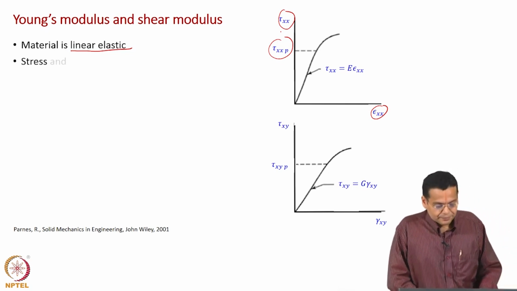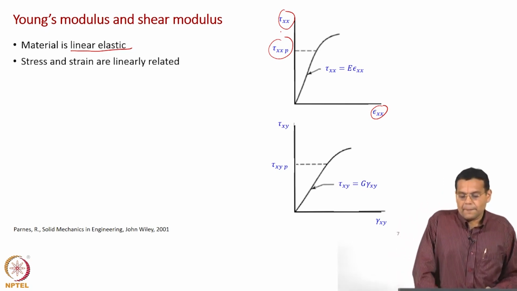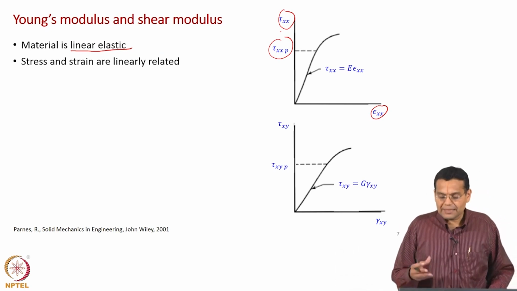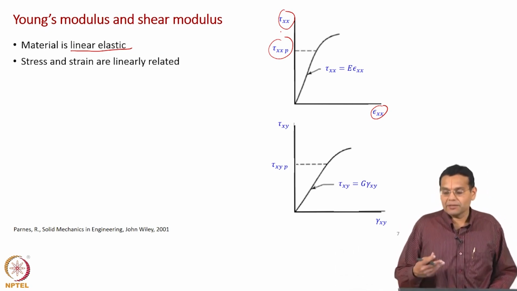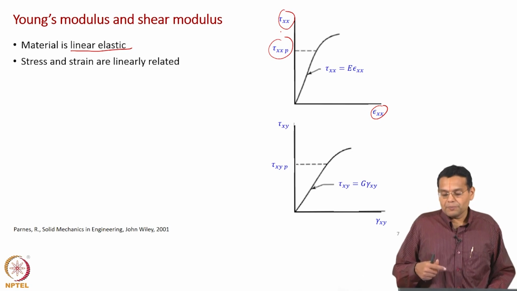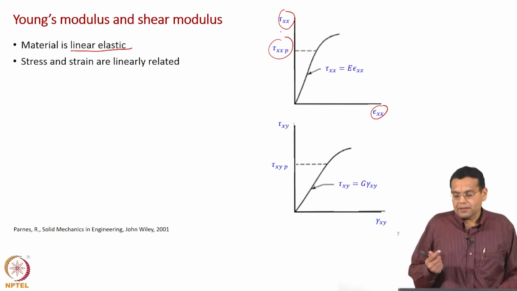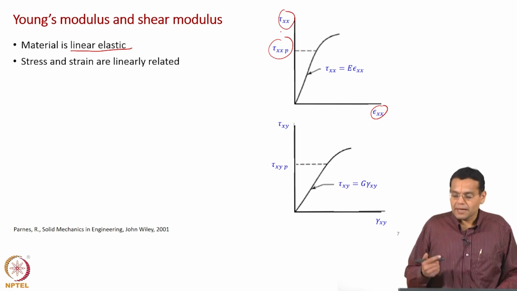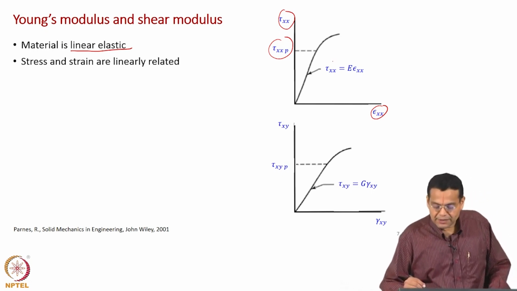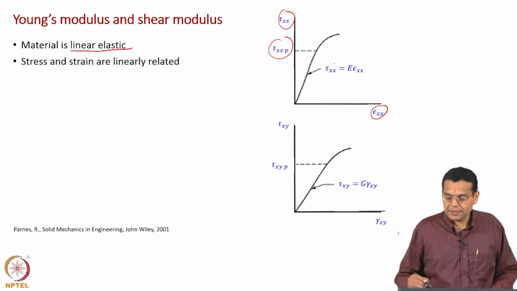Now, how do we experimentally get this data? Remember we said we are going to find the constants, the material properties, by means of experiment. As I told you, what we are saying is the form of the expression is taken by us.